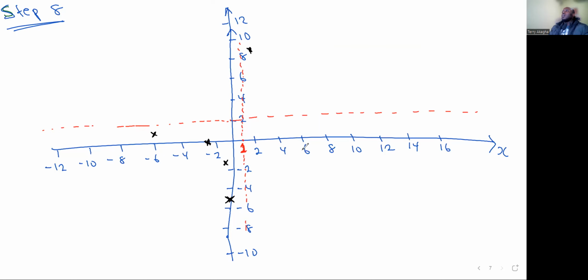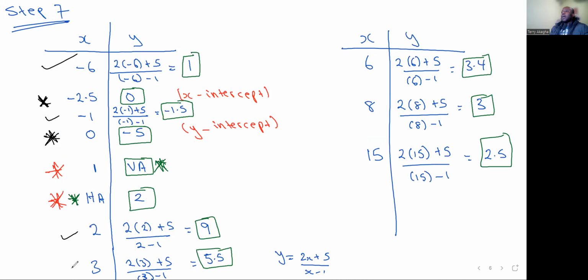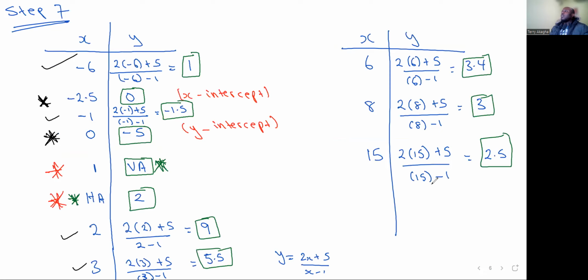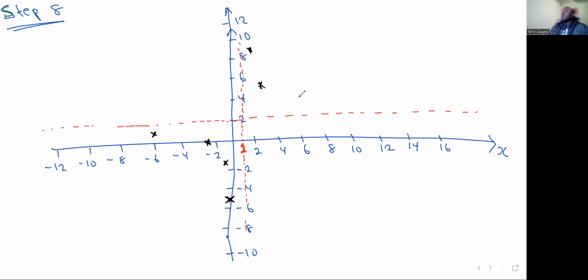Then the next one is 3 and 5.5. So x is 3, so 3 is here, and if this is 5, then 5.5 is somewhere around here. Then the next one is 6 and 3.4. So x is 6, y is 3.4. If this is 3, then 3.4 is slightly higher.